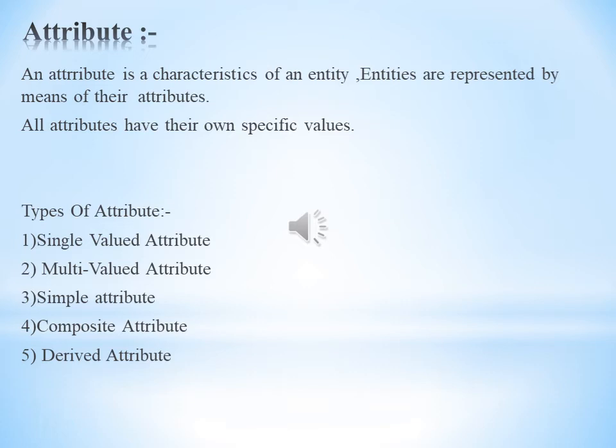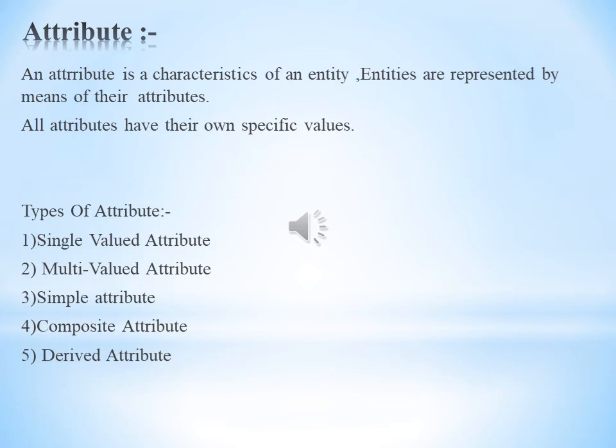Every attribute has a value, like the ID value for the attribute student ID, and the name is the value of the student name attribute. Then there are the types of attributes: single-valued attributes, multi-valued attributes, simple attributes, composite attributes, and derived attributes.